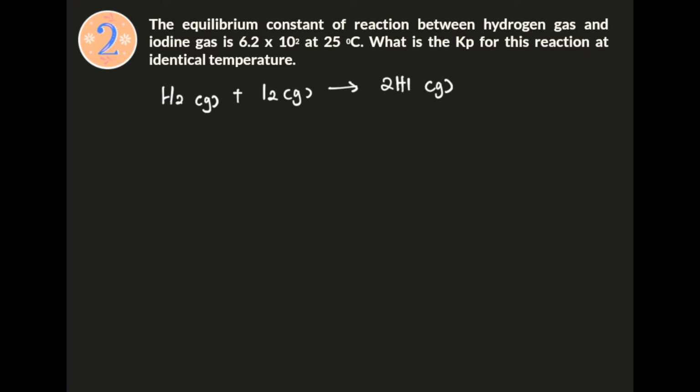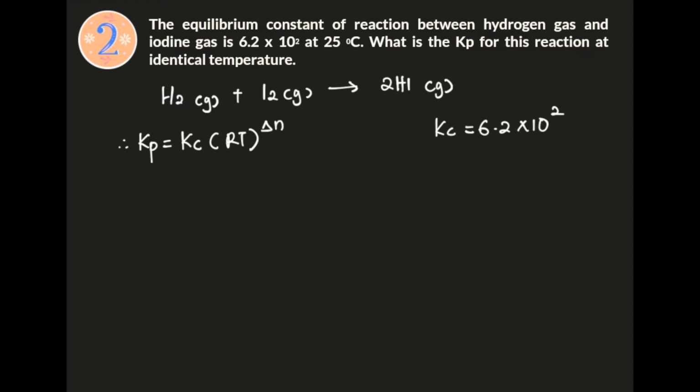From the question, you know your value of Kc, which is equivalent to 6.2 times 10 to the power of 2. Therefore, in order for you to calculate your Kp, you need to use the formula Kp equivalent to Kc (RT) to the power of delta n.